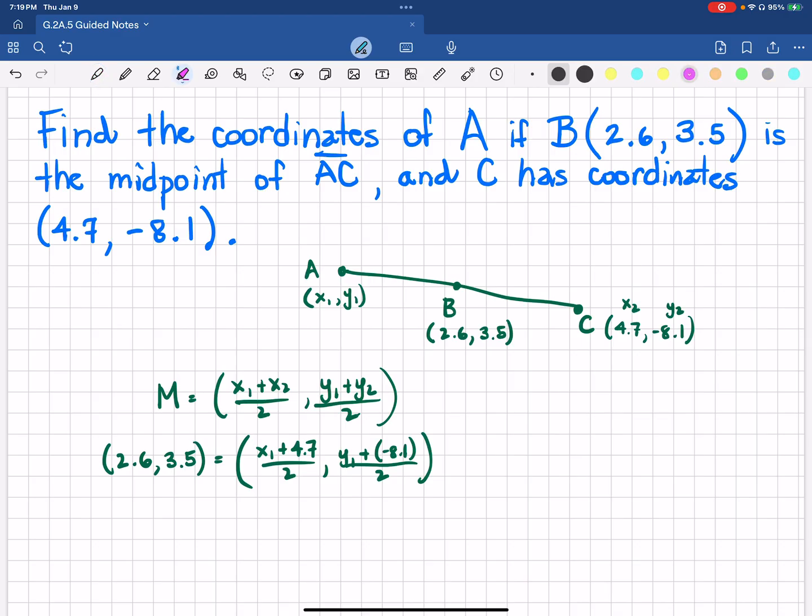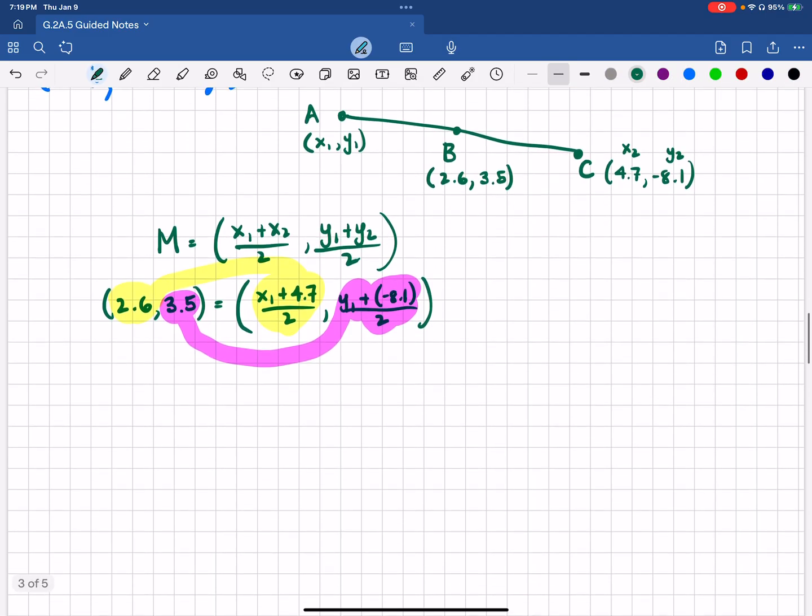If we look, we know that our 2.6 goes with the x plus 4.7 over 2. And we know that this 3.5 goes with this over here. And so we're going to separate it into two equations, and we're going to solve. So I'm going to get 2.6 is going to be equal to x1 plus 4.7 divided by 2.